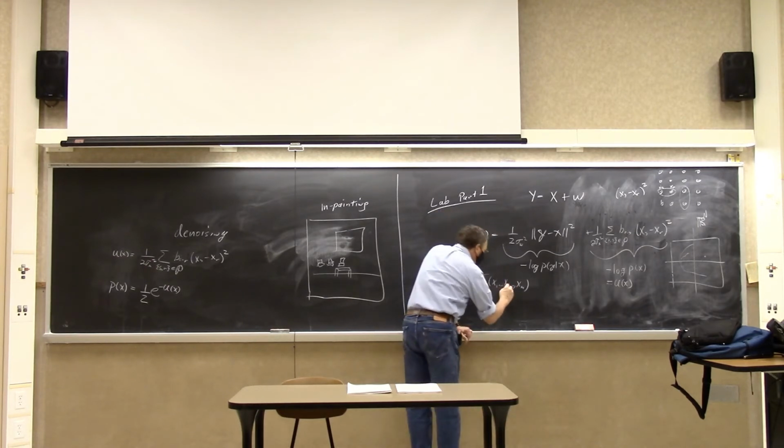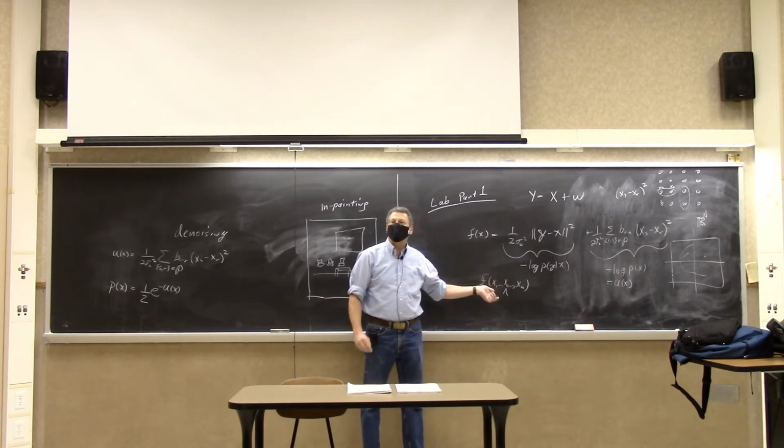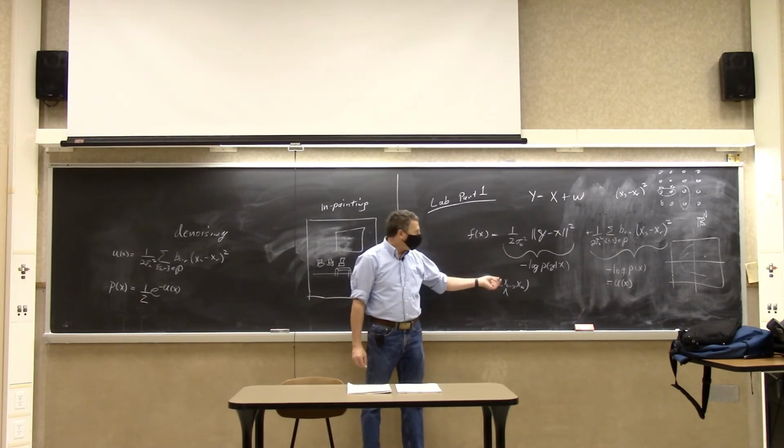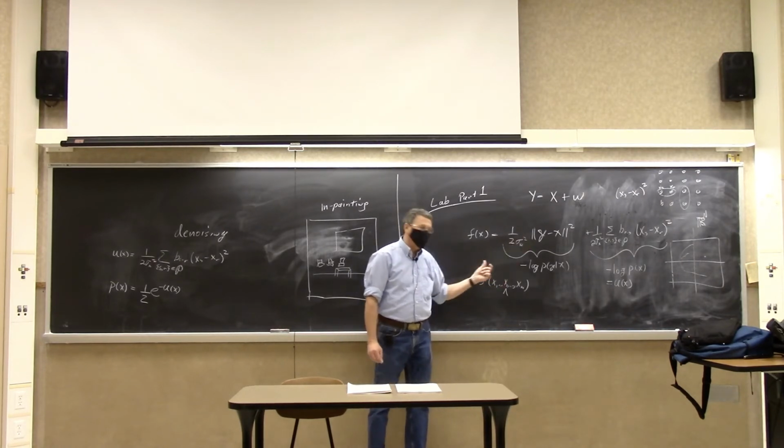You take the kth entry, and you just minimize with respect to that one entry, okay? You pick the one pixel to be the best choice given all the information, so you minimize this function with respect to that one pixel.